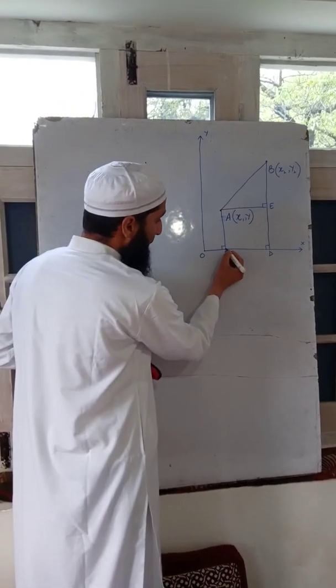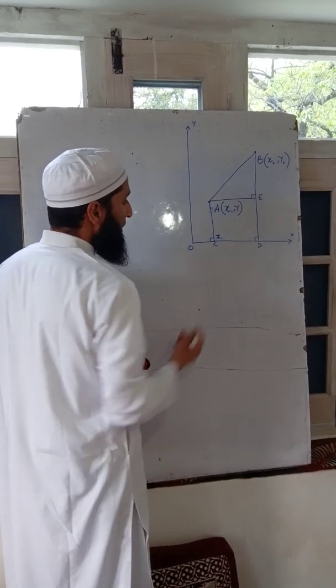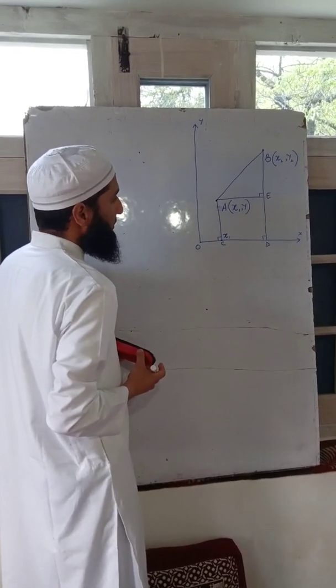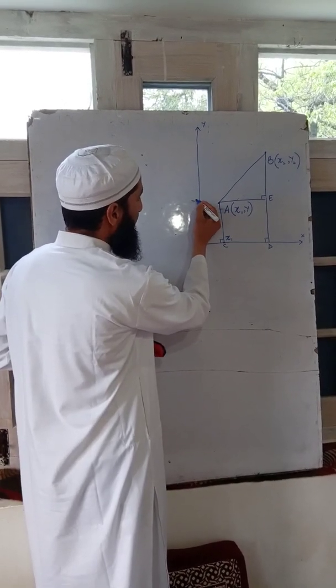Now the value of x-axis at point C will be x1 and the value of y-axis in this direction will be y1.